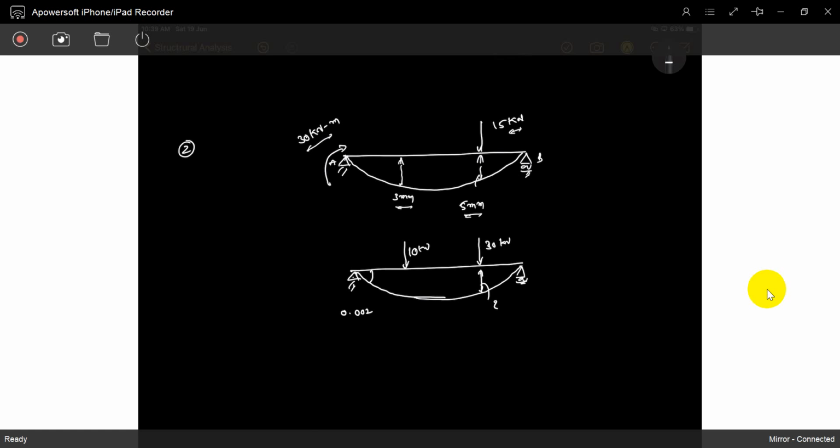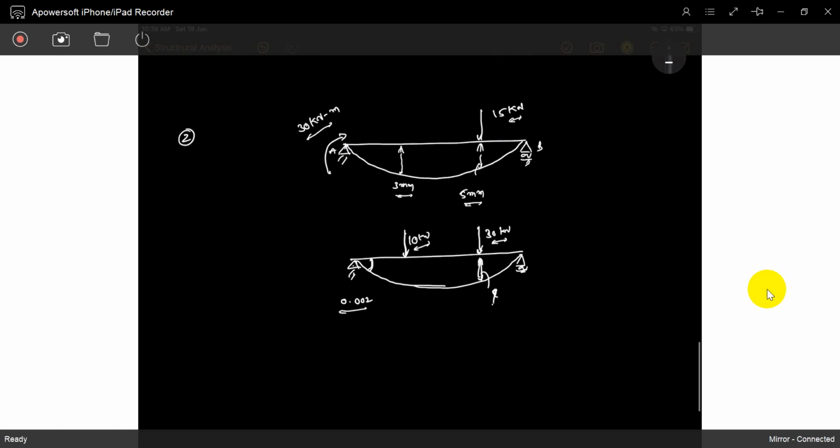For the same beam, with 10 kilonewton and 30 kilonewton applied, this rotation is 0.002. I want to calculate the deformation and the slope.